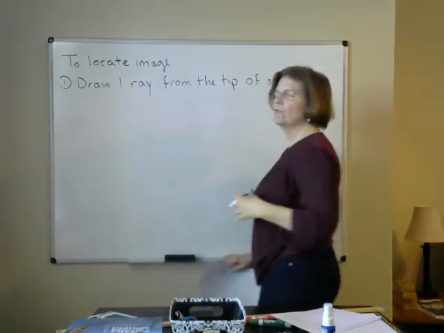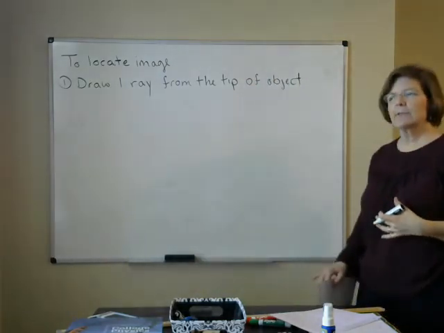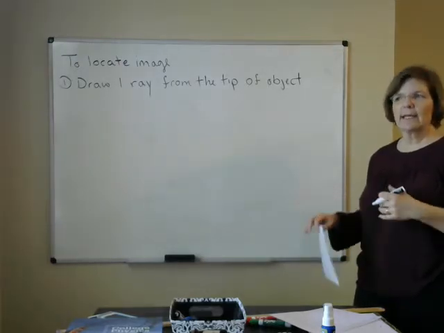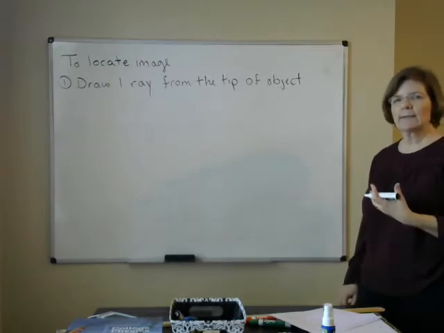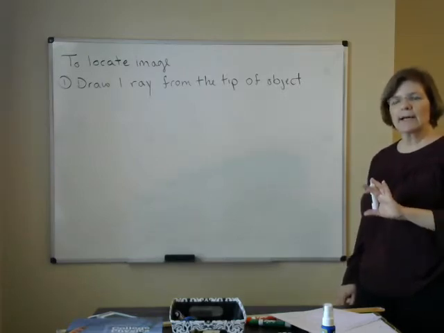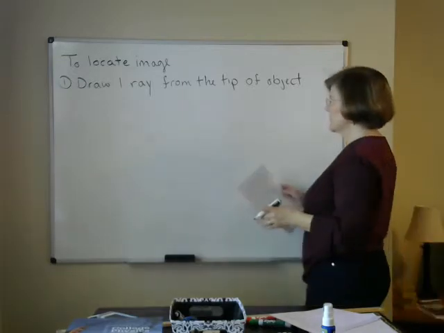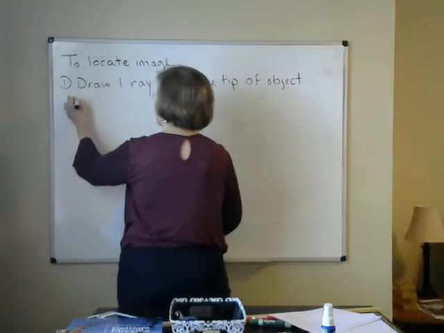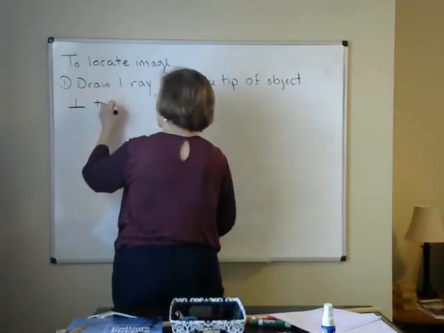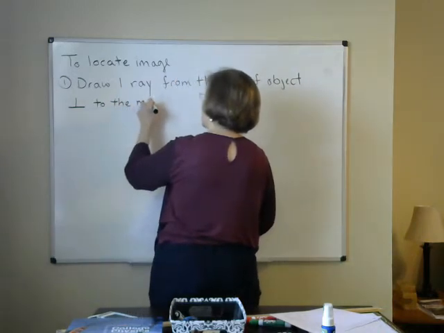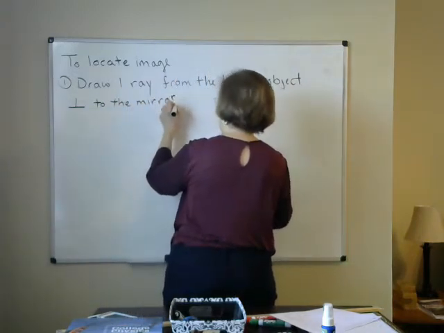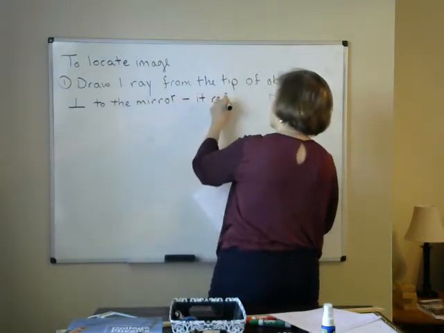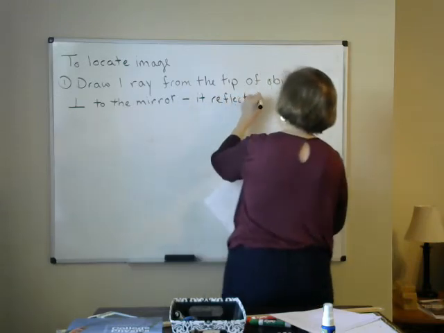We almost always draw our objects exclusively as arrows because that not only helps us see how tall the object is, but we're also interested in whether the image that it forms is going to be upright in the same direction or whether it's going to get flipped back down into the other direction. So arrows are good for that. But the tip of the object, perpendicular to the mirror. So parallel to the axis or perpendicular to the mirror. It reflects straight back.